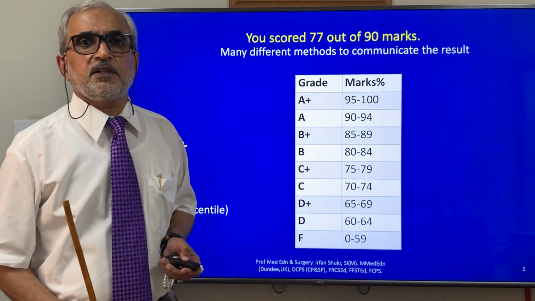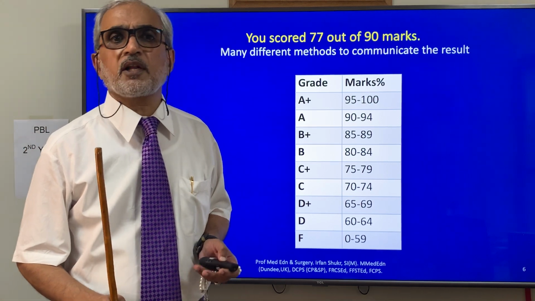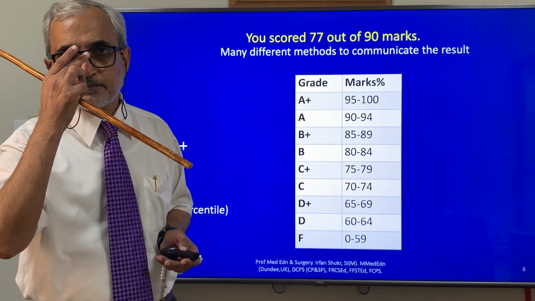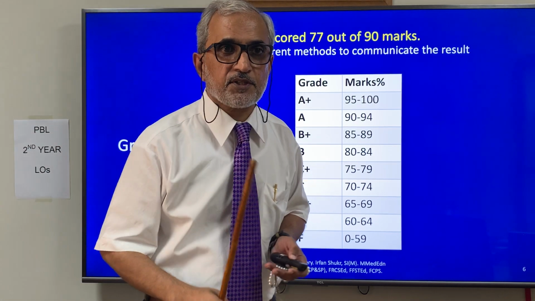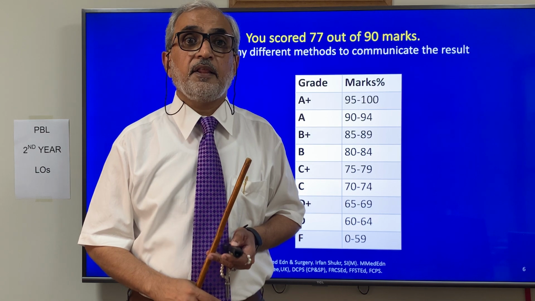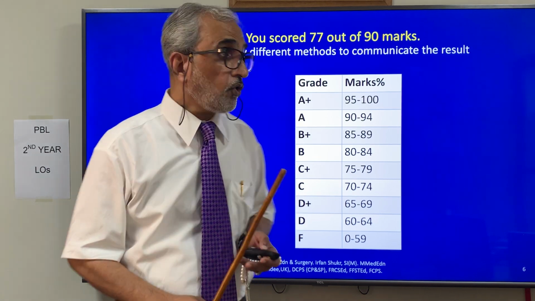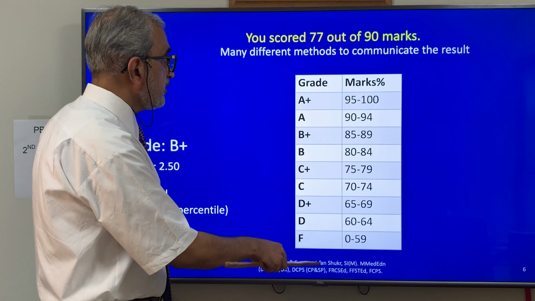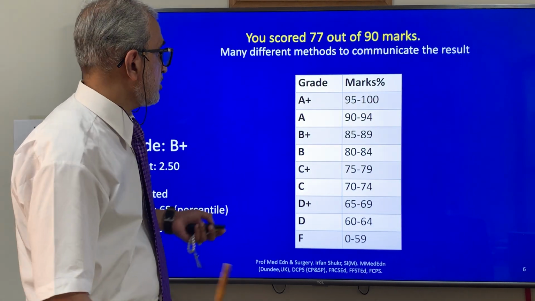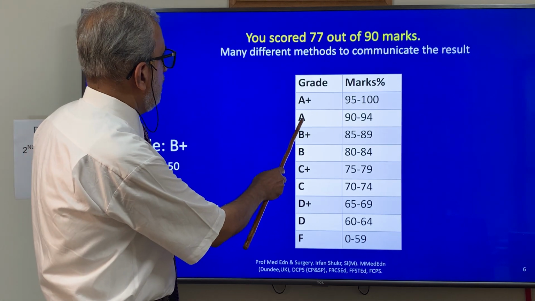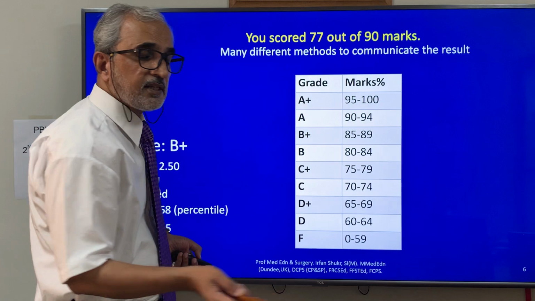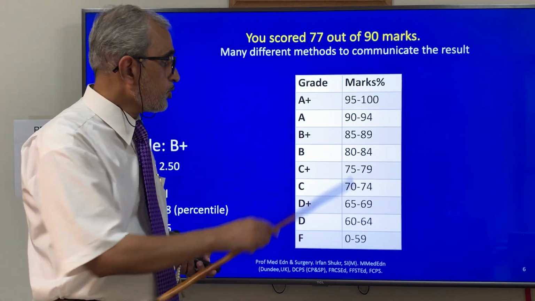This is an example which is more or less universally followed, but across the Atlantic, in different colleges and universities, they may make their own grade marks. Somebody may say A plus would be between 90 and 100, B would be this and this, and so on. But usually it is like this.